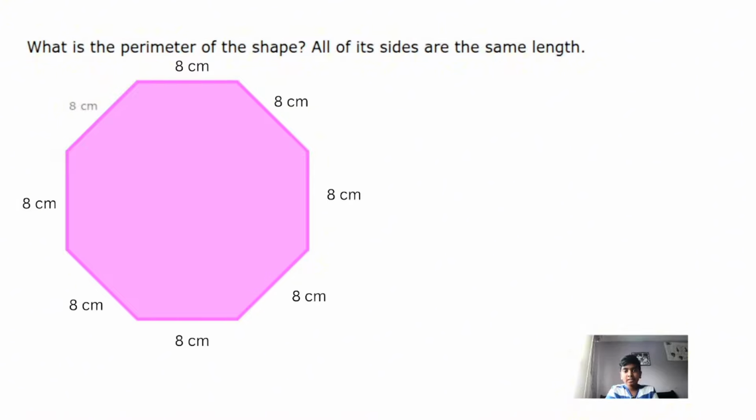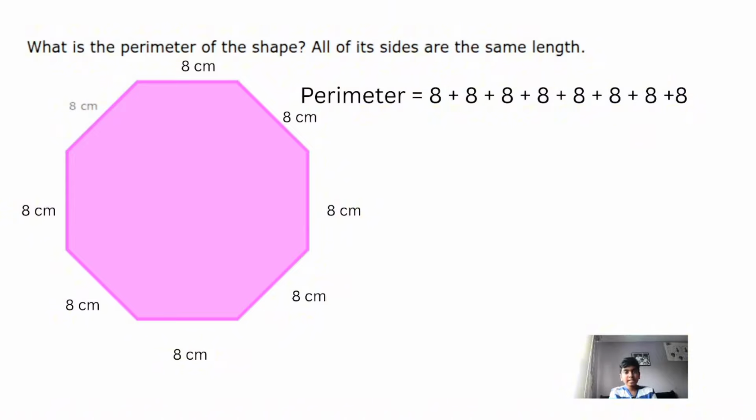to get the equation. Now we plug in the units for each side. The equation is 8 plus 8 plus 8 plus 8 plus 8 plus 8 plus 8 plus 8. Now this is not very useful when coming to perimeter because of the long equation and the long time it takes to write it.